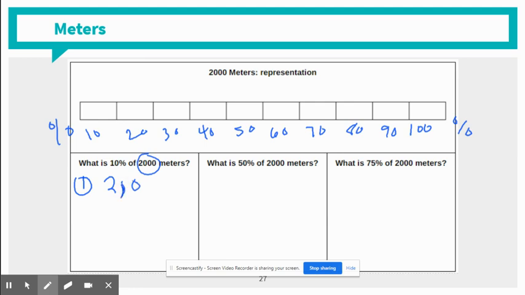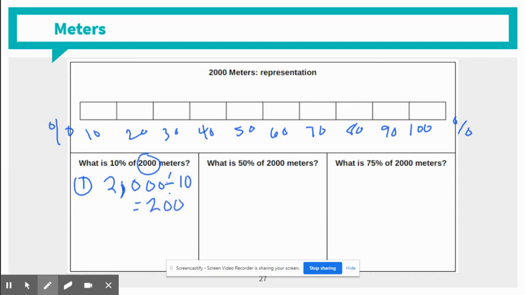Oops, that's a comma. 2,000 divided by 10. Oh my gosh, I can't write today. Divided by 10. All right, 2,000 divided by 10. If you divide that, you're going to get 200.